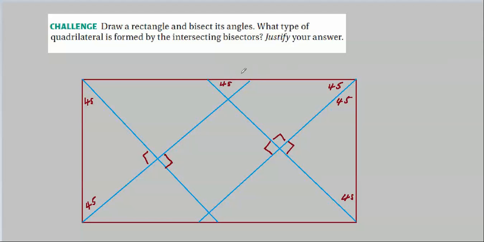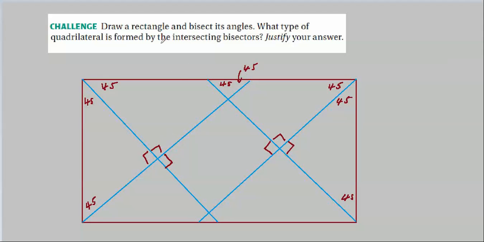In the same way, we can show that this one over here, well, I have to show, it just obviously is, it's a bisector. This has to be 90 also, because this is 90 and this is a straight line here. That means this angle over here is also 45. So this angle and this angle are 45.